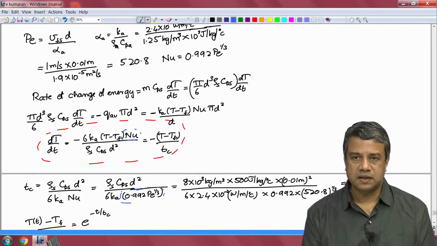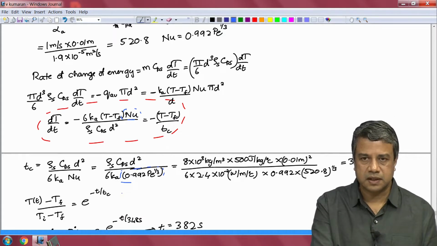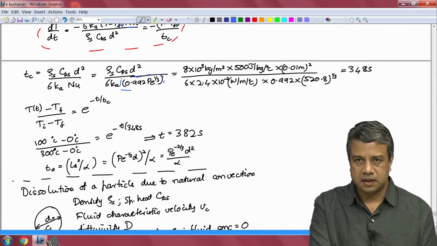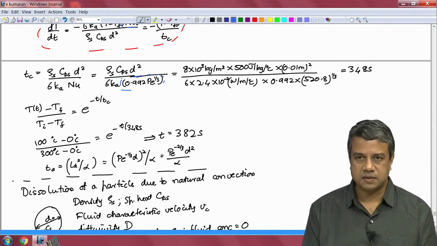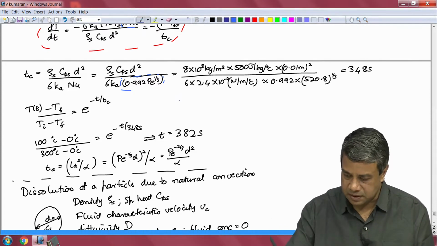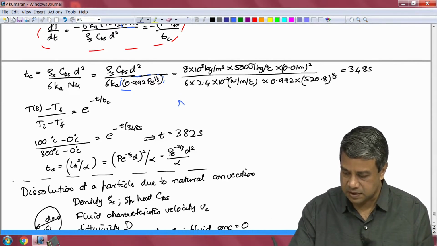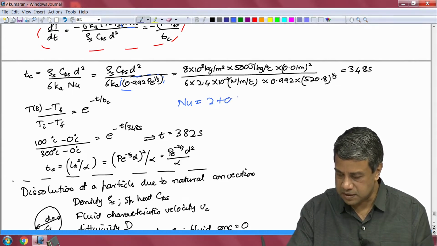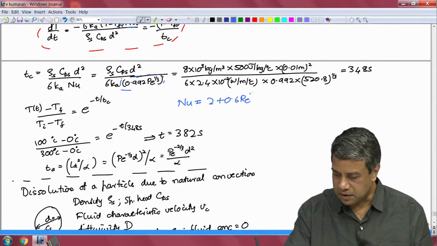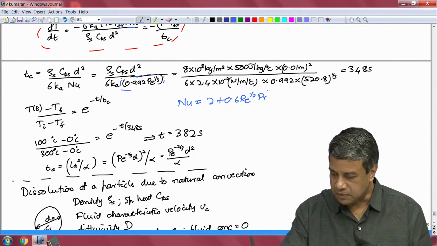I should note that these correlations are only indicative, they are not comprehensive. You could, for example, use the Whitaker correlation or the Ranz-Marshall correlation here as well. The Whitaker correlation, for example, is that Nusselt number is equal to 2 plus 0.6 Re to the power 1/2 Pr to the power 1/3.